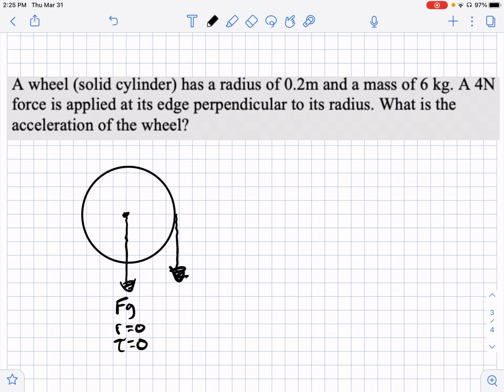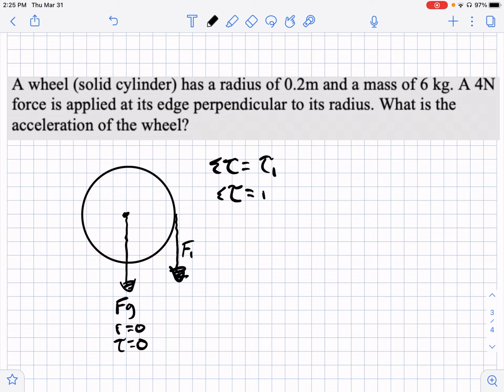Let's start out, let's make our net torque equation. So my net torque is going to equal, we have this force here, so torque from that F1, and then that's the only thing that's causing torque on this. So we can plug in and we can solve for our net torque.